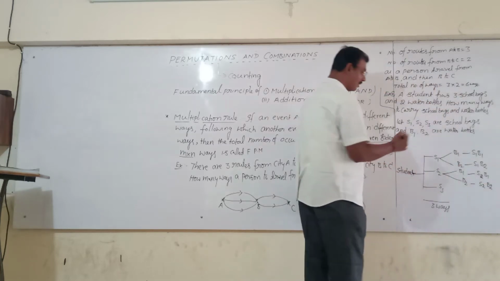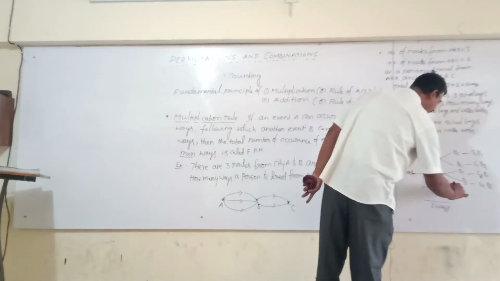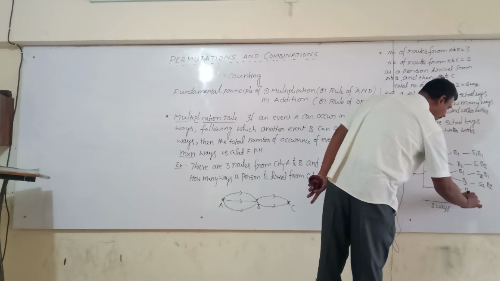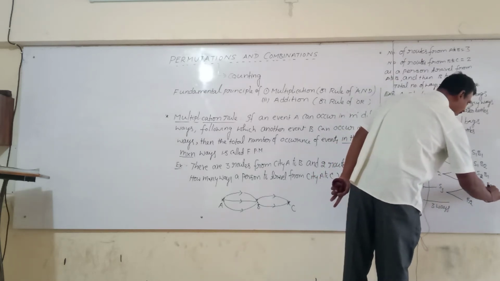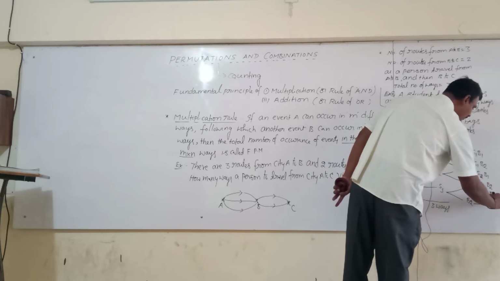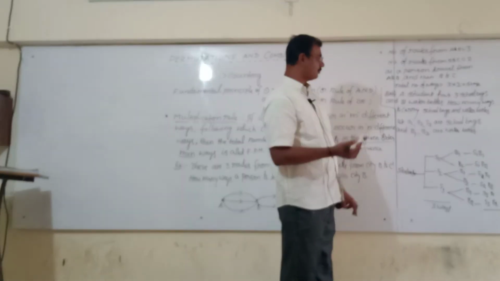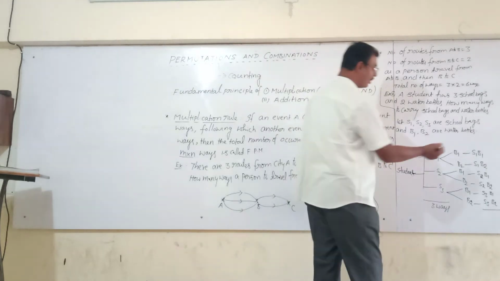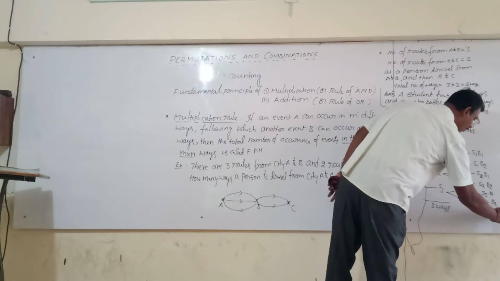In the same manner, with school bag S3, he selects water bottles B1, B2. So the selections are S3 B1, S3 B2. Now count the total number of possibilities. How many are there? 1, 2, 3, 4, 5, 6 ways.